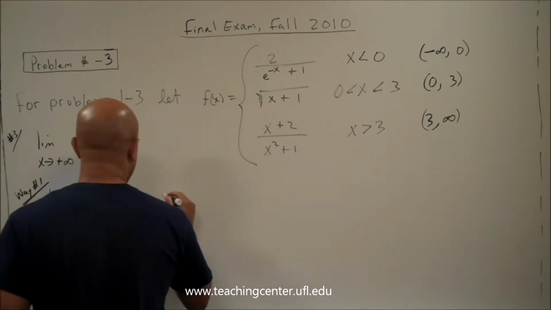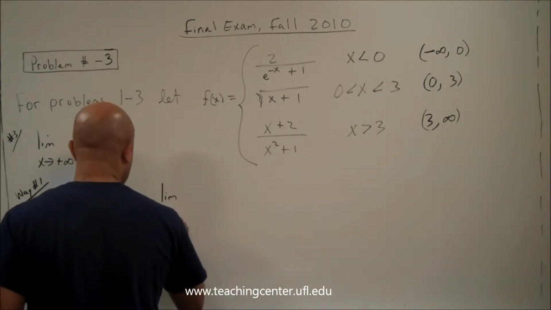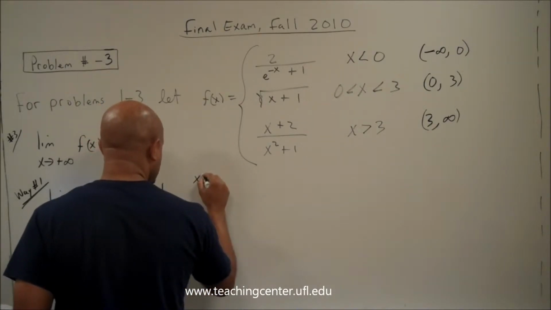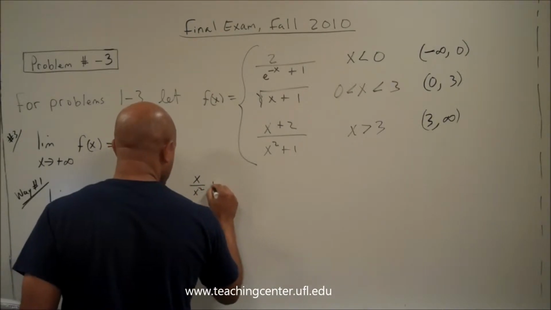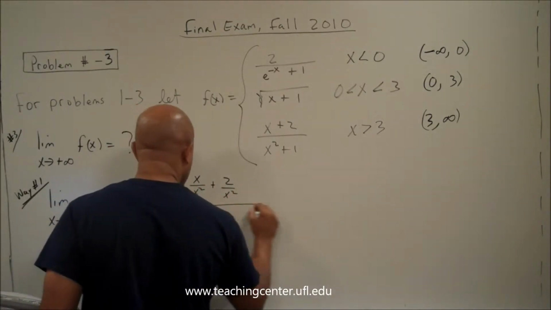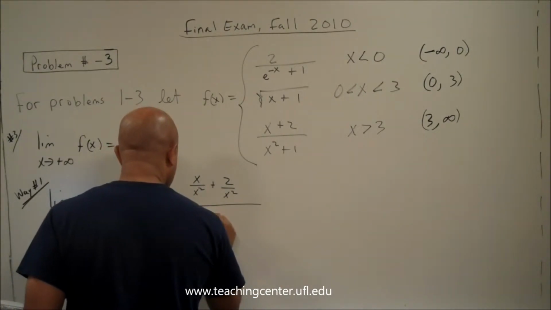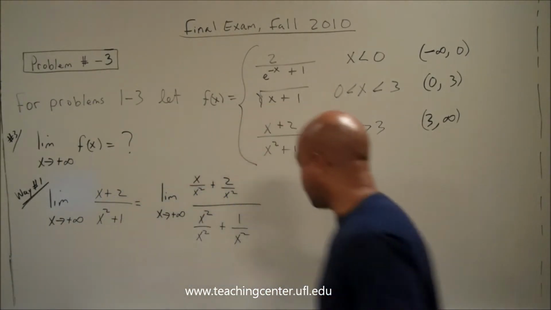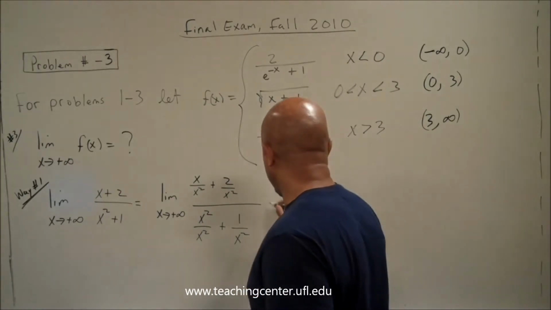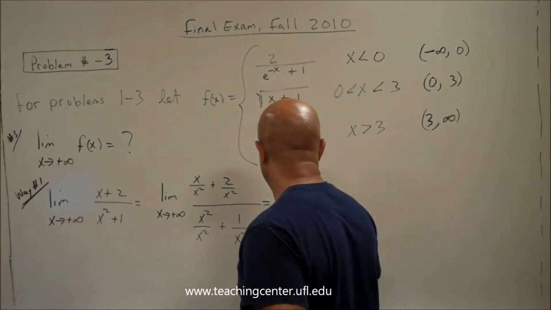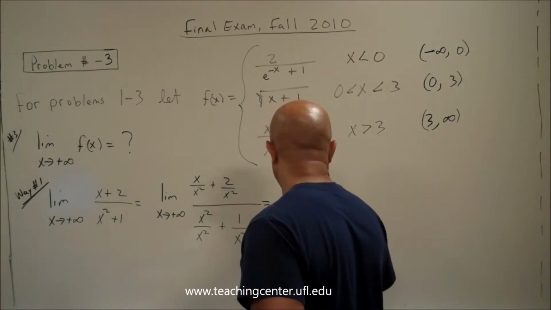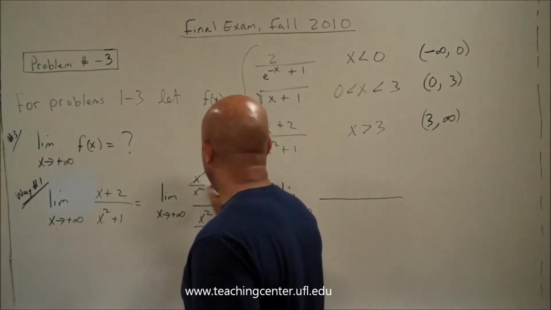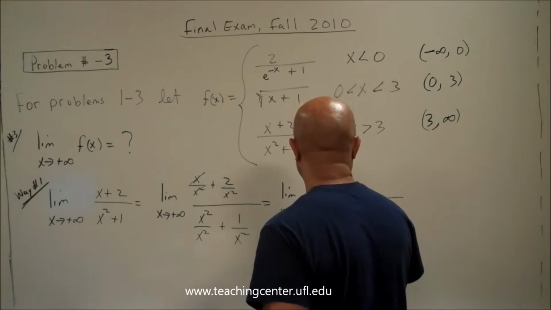So we can rewrite this limit as x approaches positive infinity. We divide the numerator by x squared, which gives x divided by x squared plus 2 divided by x squared, and divide the denominator by x squared, so we get x squared over x squared plus 1 over x squared. If we simplify, on the numerator the x cancels out and one of the squares cancels out, so we get 1 over x.